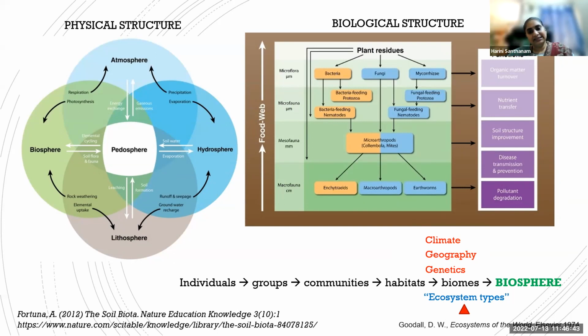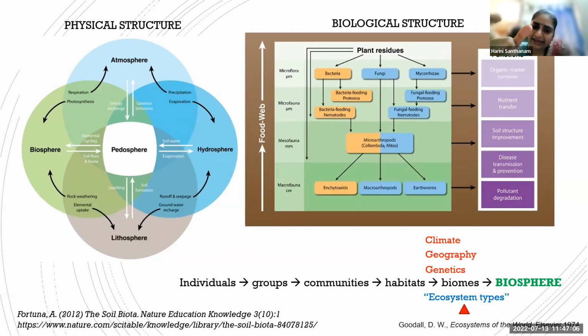Now when we see the plant residues, you can see bacteria, fungi, and mycorrhizae. The bacteria themselves are fed on by the protozoa, and the fungi are also fed on by the protozoa. So now there is feeding, there is predation. Protozoa feeding on bacteria or fungi form a separate class by themselves.